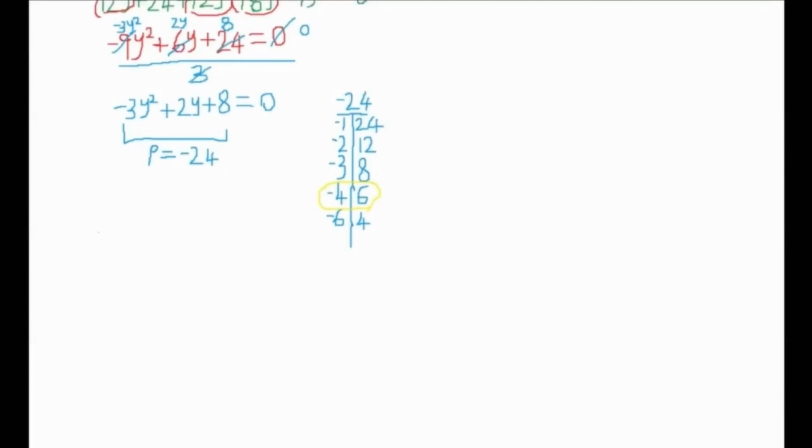So here the numbers we found are negative 4 and positive 6. When you add negative 4 and positive 6, it will give you positive 2, and when you multiply these two numbers, it will give you negative 24.